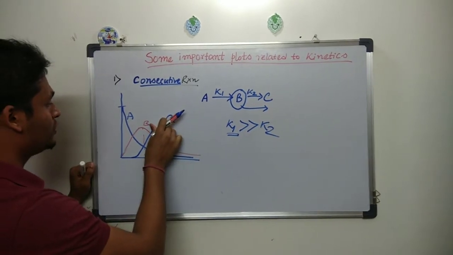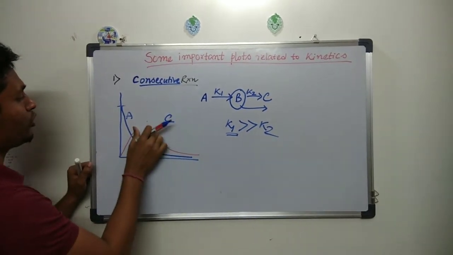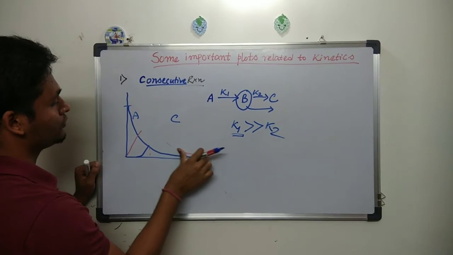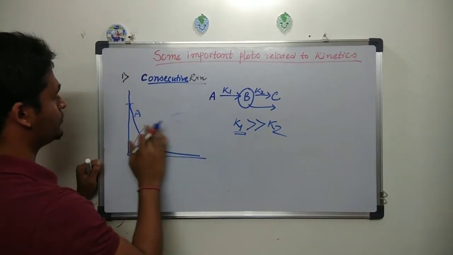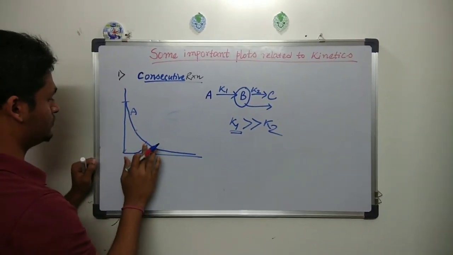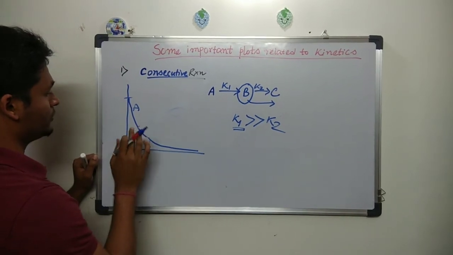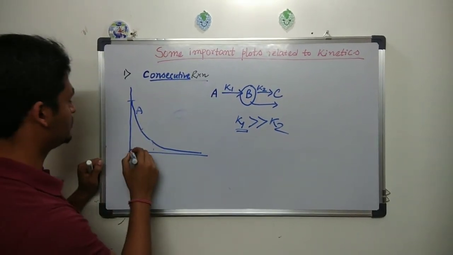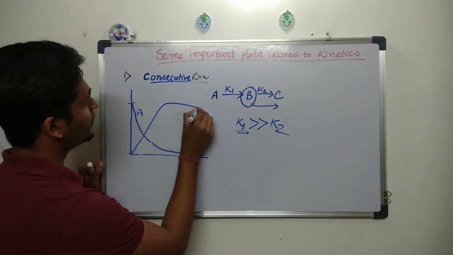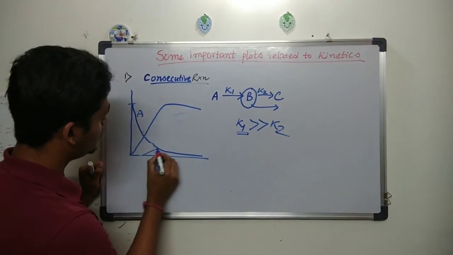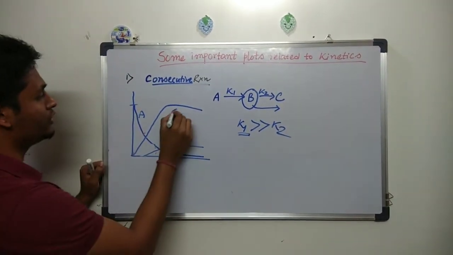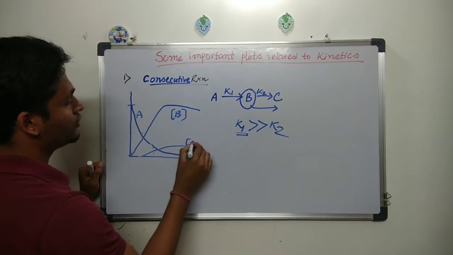So what should the plot look like? B is forming very high, but C is not. C will be very small. So this is B, and this is C.